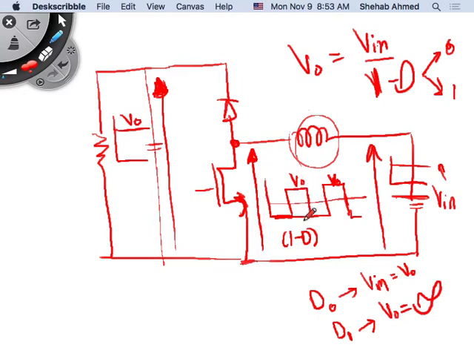The average value of this square waveform is the peak value times the duty ratio of that peak value. That peak value is occurring for the 1 minus D period, right? Guys, this is important. Do you agree that the average value of this waveform is 1 minus D times V output, and that is equal to V input?